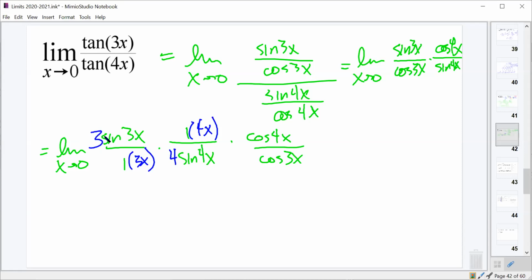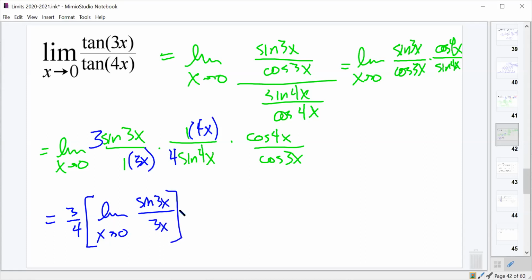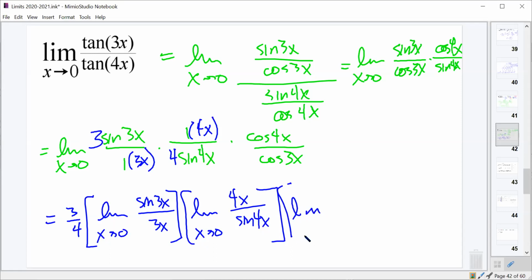And so the constant that I'll pull out is 3/4. 3/4 times 3 different limits. The limit as x approaches 0 of sine 3x over 3x. The limit as x approaches 0 of 4x over sine 4x. And the limit as x approaches 0 of cosine 4x over cosine 3x.